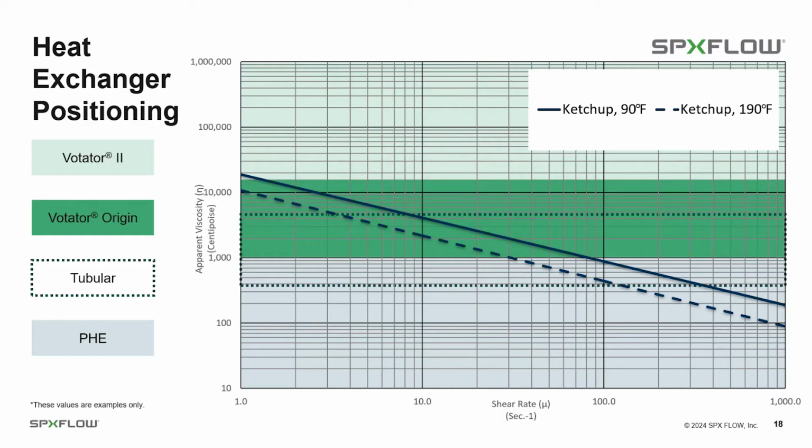And like Steve explained with cream cheese, there might be an application where in the cooler portion of the process, you could use a scrape surface heat exchanger, and then in a warmer portion of the process, you could use a plate heat exchanger. Just selecting whatever is best for that portion of the process. You're not necessarily locked into one technology for that food or industrial product.